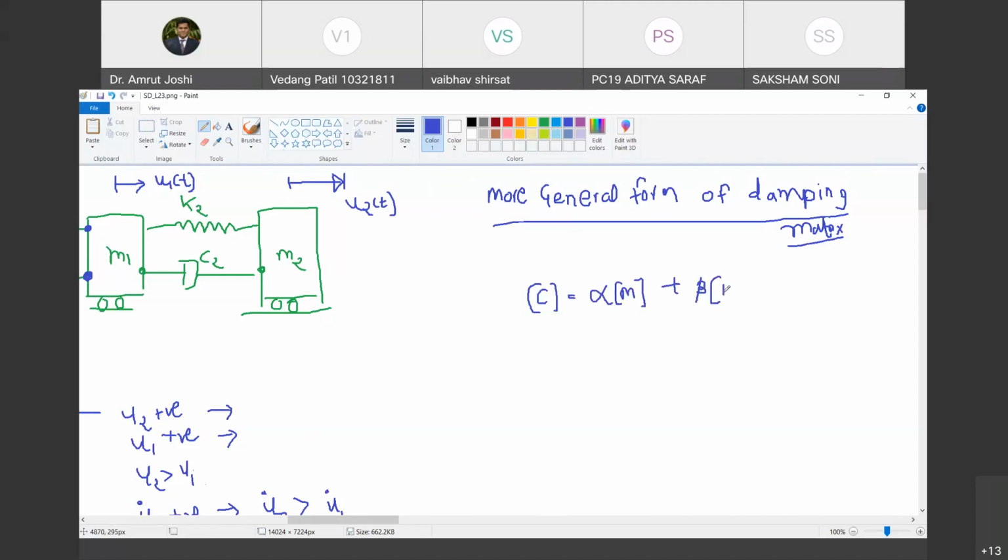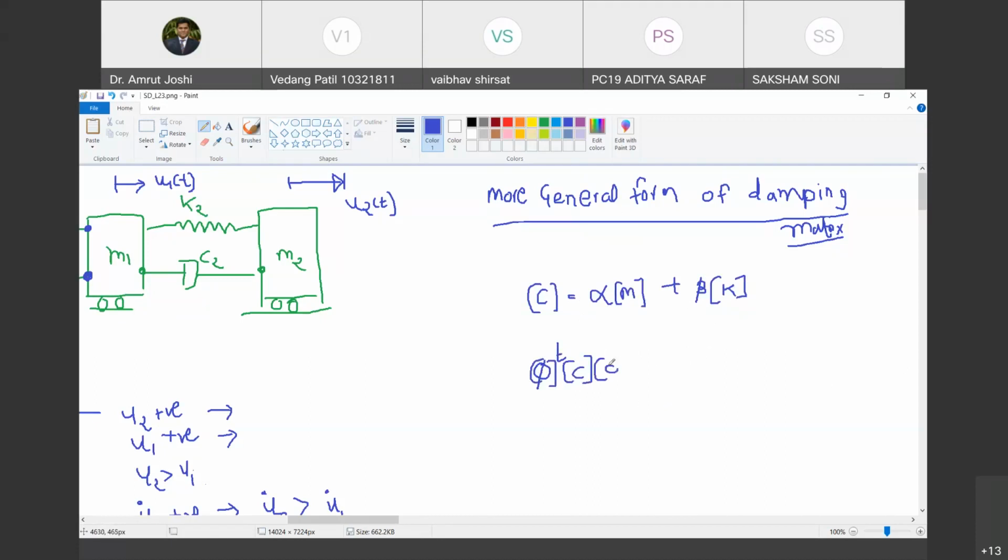Now, C is equal to alpha times M plus beta times K. If I do this, what can you say about phi transpose C phi?